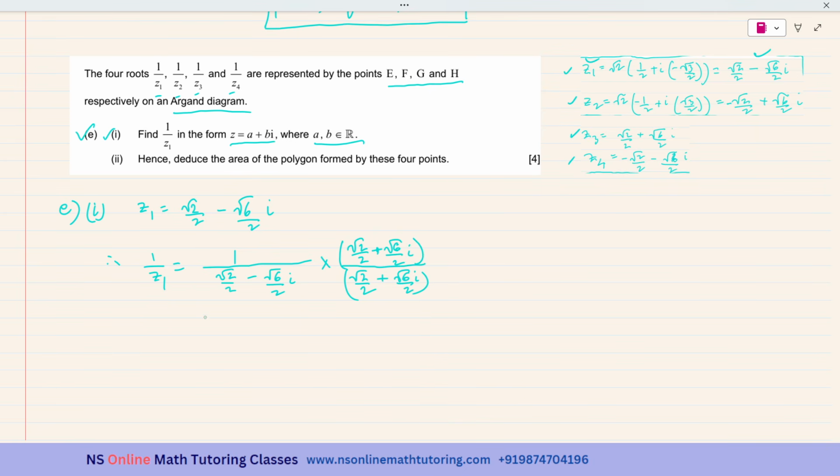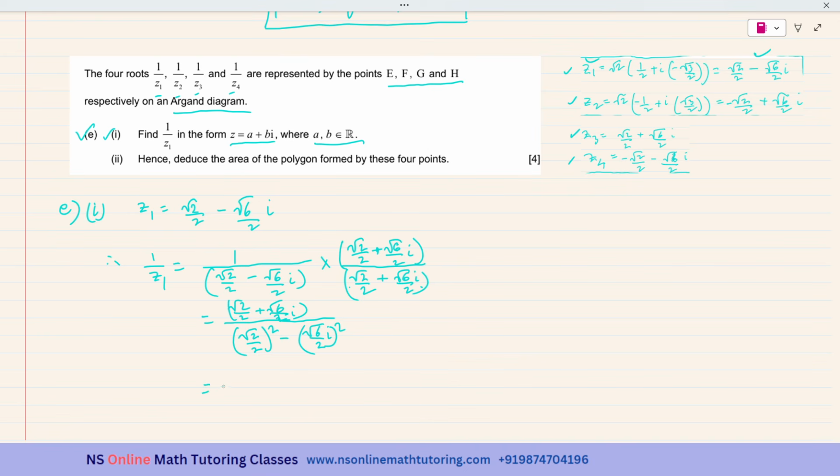Okay, so the numerator will be root 2 over 2 plus root 6 over 2i, divided by, this is a minus b and this is a plus b, so it will be a square minus b square. So root 2 over 2 whole square minus root 6 over 2i whole square.